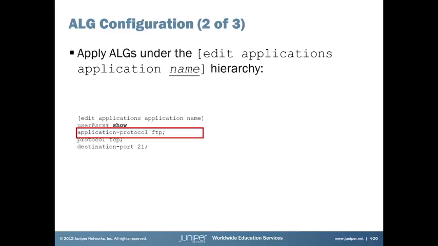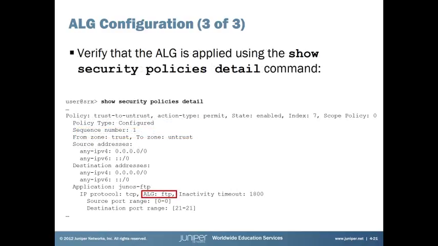Here's an example of us applying the policy. So apply ALG under the edit applications application name hierarchy. Associate an ALG with an application. They are already by default associated. You don't really have to do it. It's just kind of making you aware that they exist.